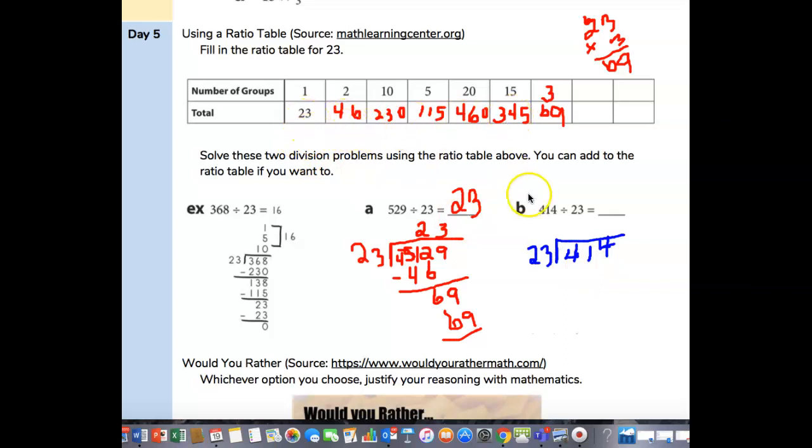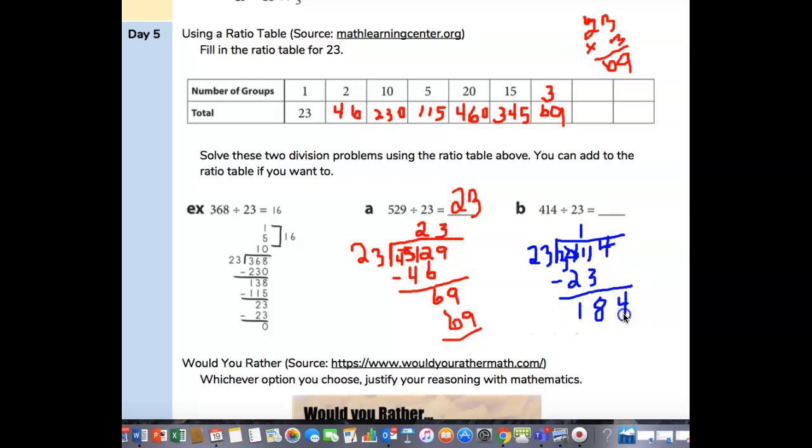This is too big, so we're going to go with 1. 1 times 23 is 23. And then we have to subtract. We cannot take 3 from 1, so we're going to borrow here. Make this a 3 and this a 1. 11 take away 3 is 8. 3 take away 2 is 1. And bring down our 4.